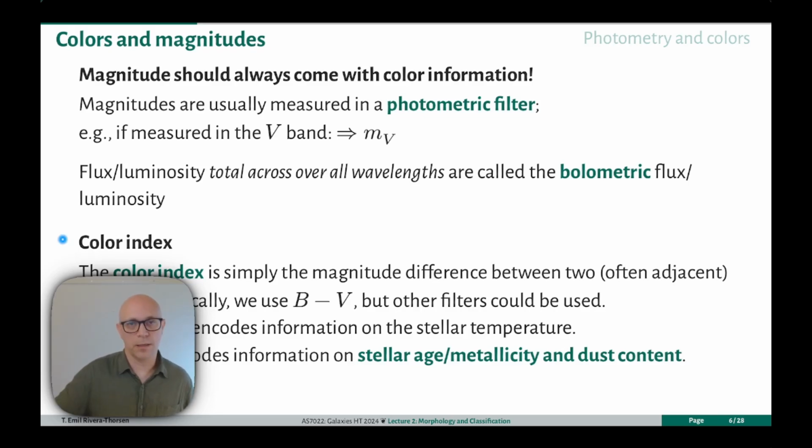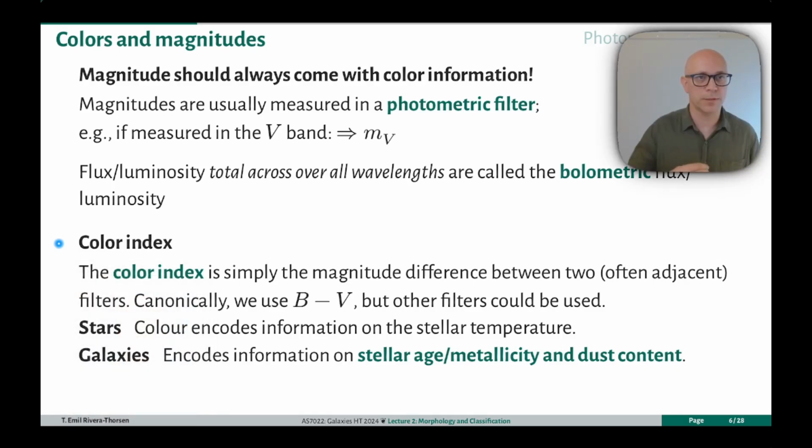So if you are an observational astronomer, you will not work with this bolometric flux or bolometric luminosity very often. As I hinted at in the last lecture, we often work with what we call a color index in astronomy. We use this in the color magnitude diagram, if you remember this. And the color magnitude diagram showed one index, which was, if I remember correctly, G minus I, but you can use any color index you want to.